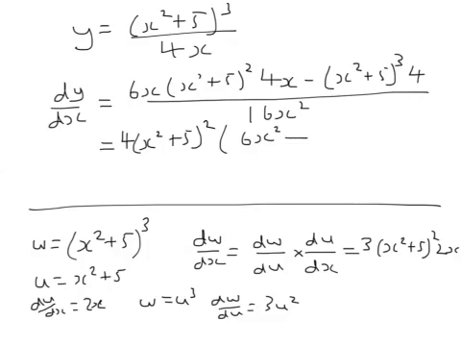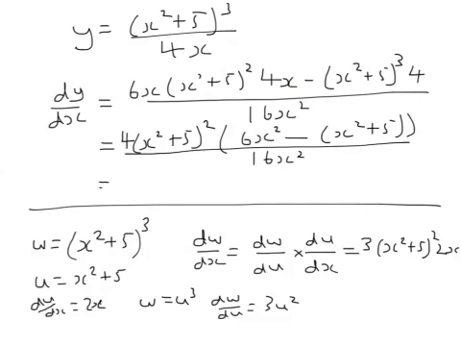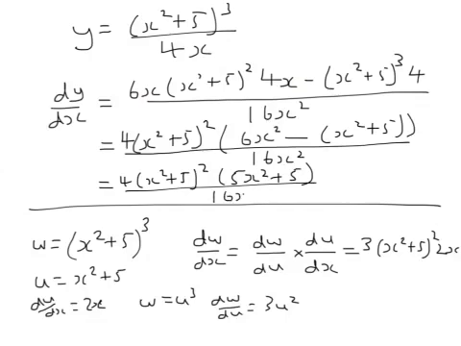There's a minus sign. The 4 has been taken out, but I've still got an x squared plus 5 left. And then it's all over 16x squared. So that's 4 bracket (x squared plus 5) squared. Then 6x squared minus 1x squared is 5x squared. And then it's all over 16x squared.